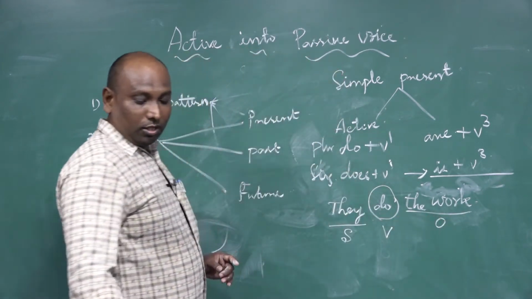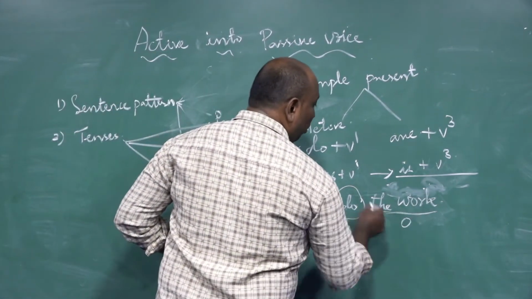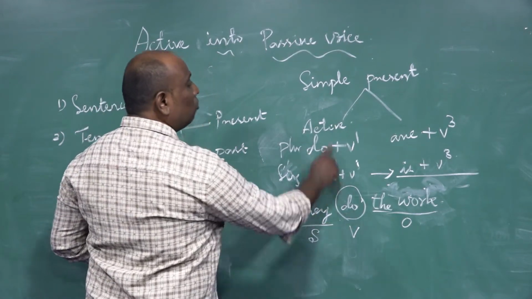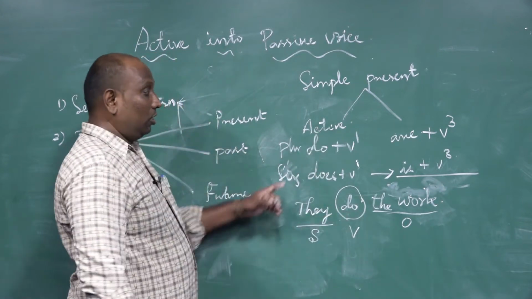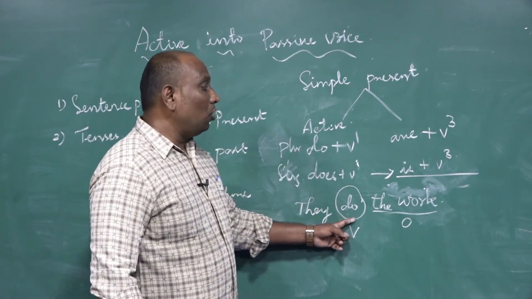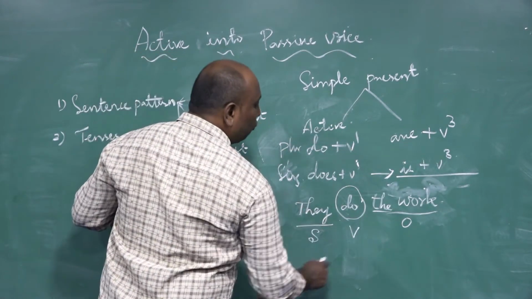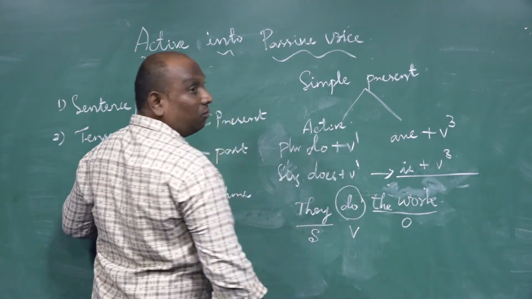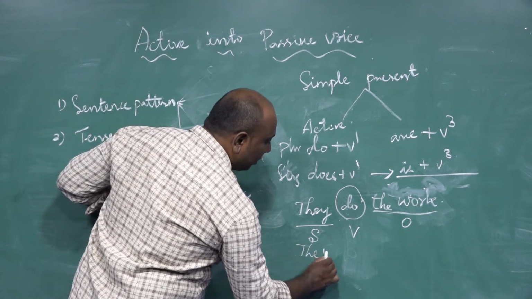That is the object. Without knowing this, we cannot write. So how do we know whether this is active or passive? Look at the table here. "Do" refers to the active voice, so the sentence is active. We have to write it in the passive. How to write the passive? The object should come into the place of the subject, and the subject should go into the place of the object. So the object comes here: "The work."